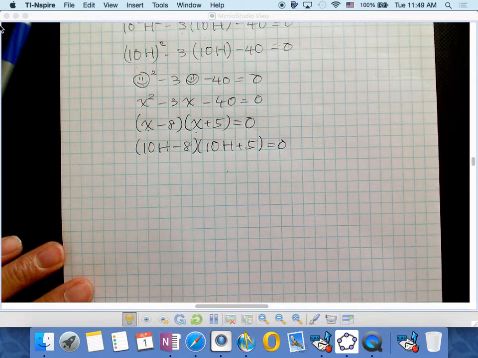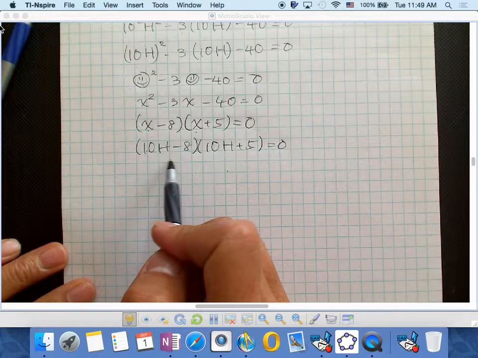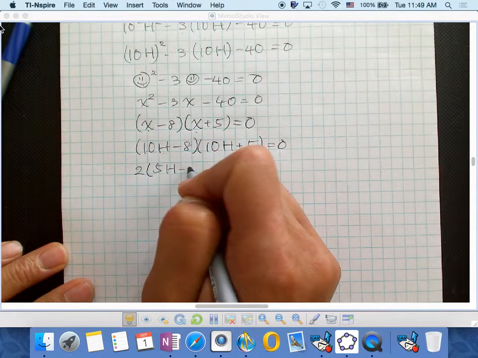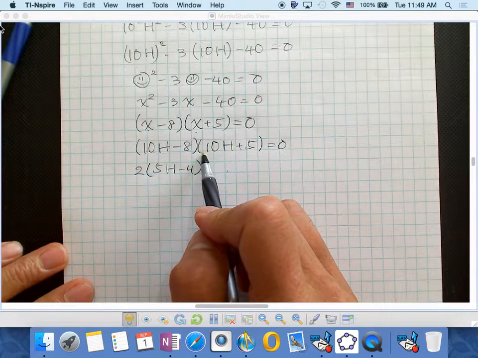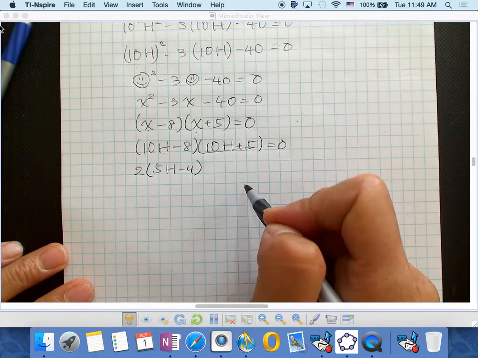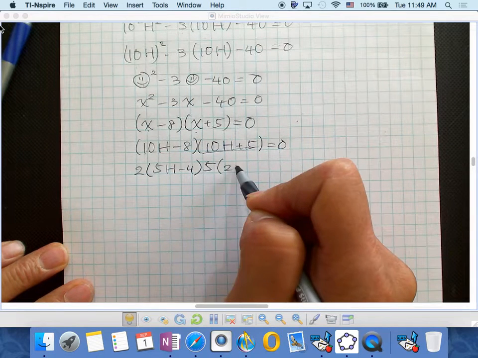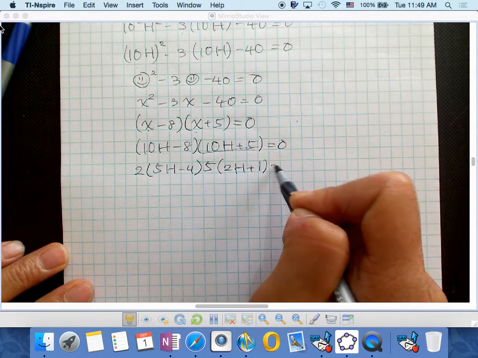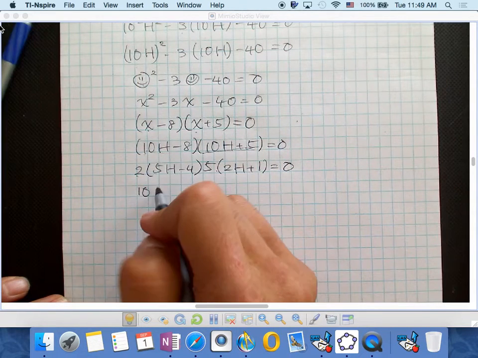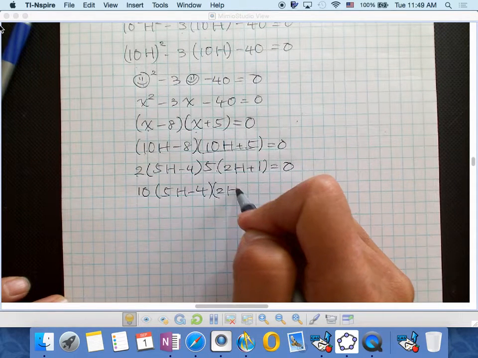Then I'm going to pull out 2 from the left parentheses, doing the distributive property backwards: 2 times (5h minus 4). And I'm going to pull out 5 from the right parentheses, also using the distributive property backwards: 5 times (2h plus 1) equals 0. I know 2 times 5 is 10, so I got 10 times (5h minus 4) times (2h plus 1) equals 0.